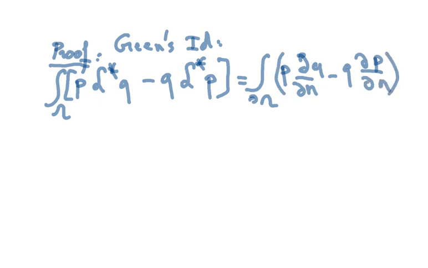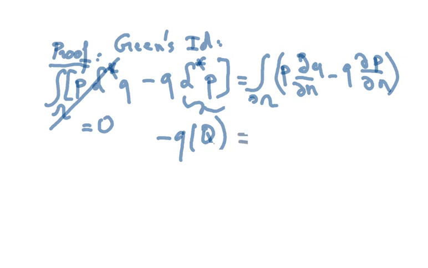All right, since by definition we have that L star of Q equals 0, this term is exactly 0. L star of P is exactly the delta Dirac, as we've seen in the previous slide. So this is minus Q, let's call it delta Dirac at point capital Q. Also by definition, P was 0 on the boundary, so this is 0.